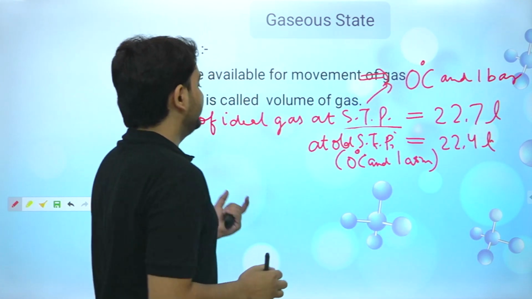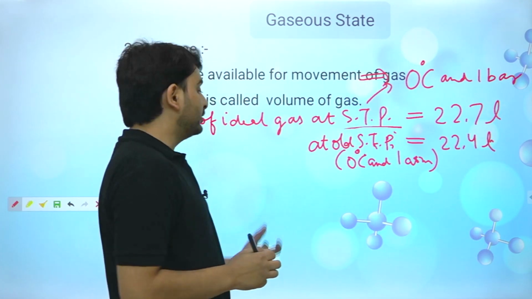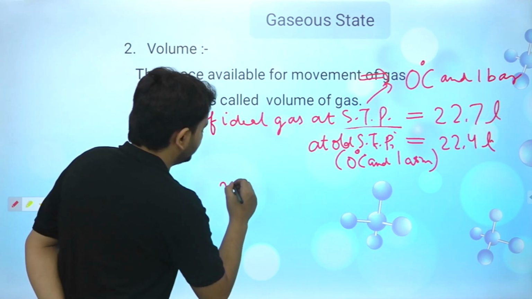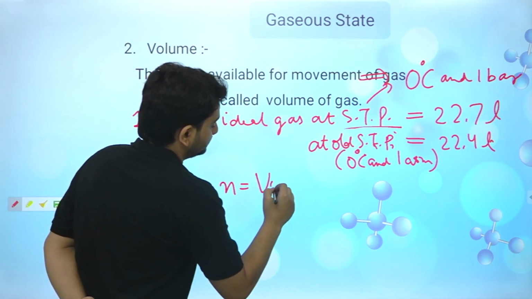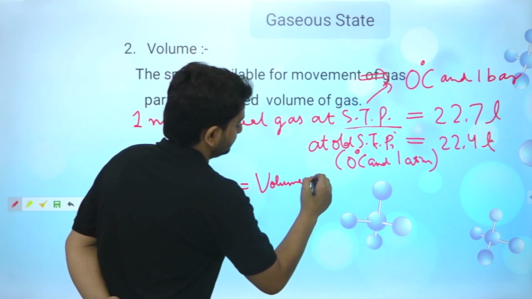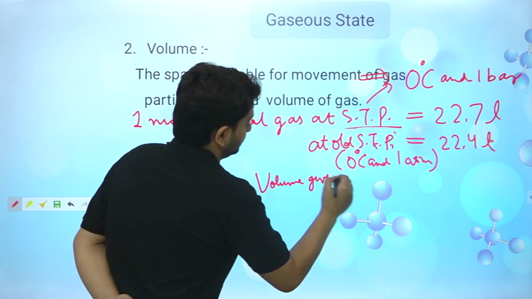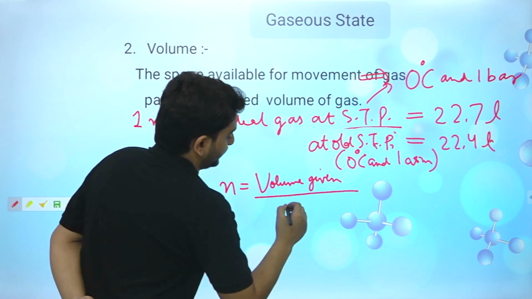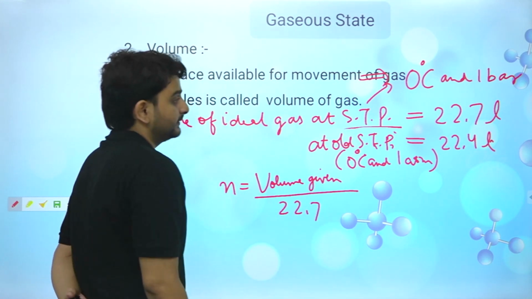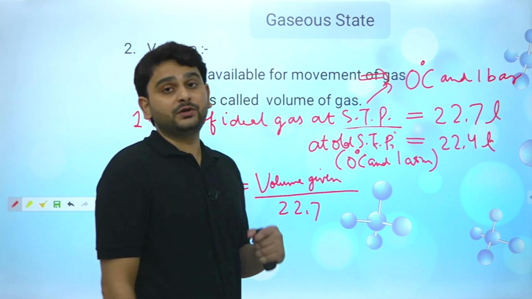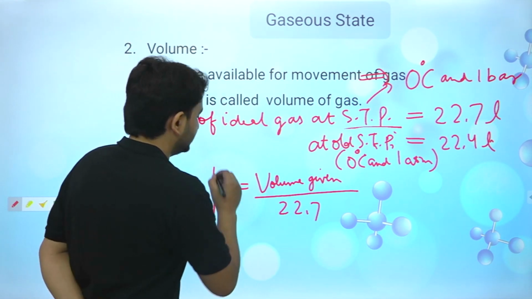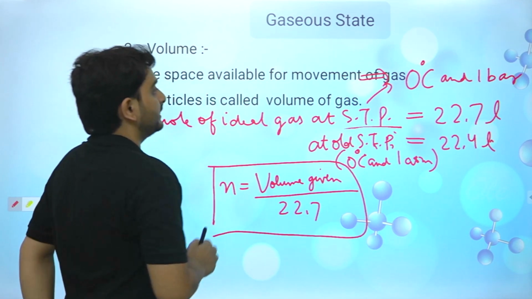And hence we came to this formula, if you remember from our mole concept lecture, that the number of moles is the given volume over 22.7, right? At the modern STP. At old STP, it will be divided by 22.4. I hope you understood this, right?